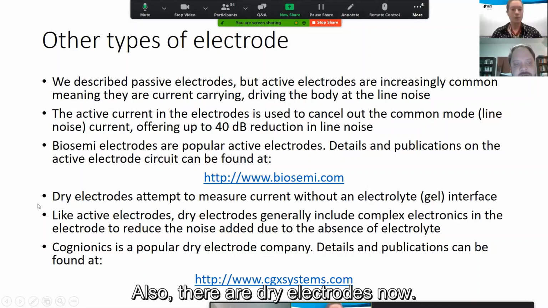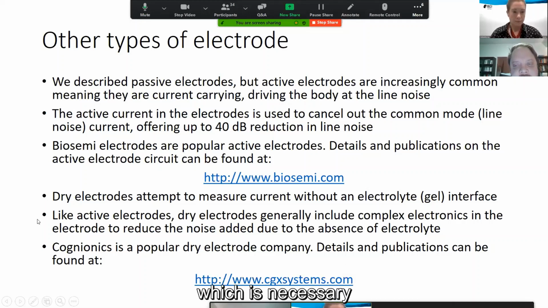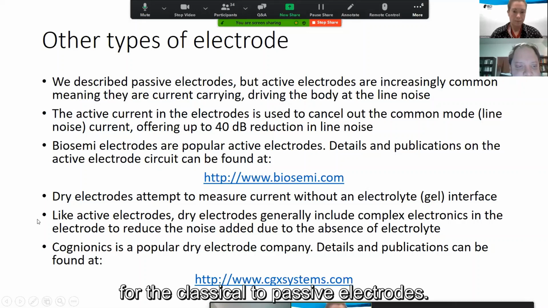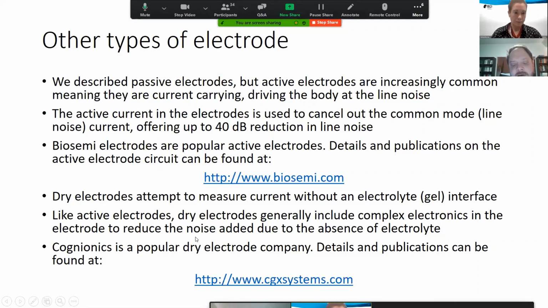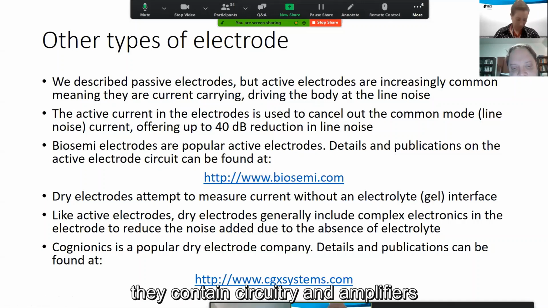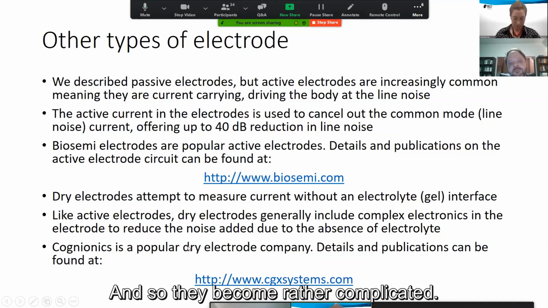Also, there are dry electrodes now, with a lot of companies trying to avoid using the gel, which is necessary for the classical passive electrodes. Again, rather than just being metal electrodes, they contain circuitry and amplifiers on the electrode itself, so they become rather complicated.